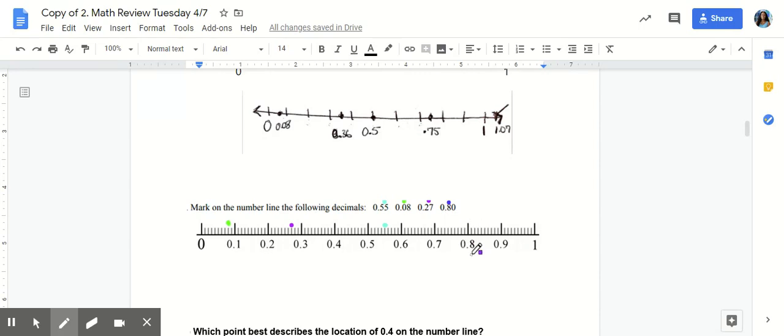And I noticed that I already have 8/10 on my number line. So I can mark it right there, and that's where I'm going to place all my decimals on the number line.